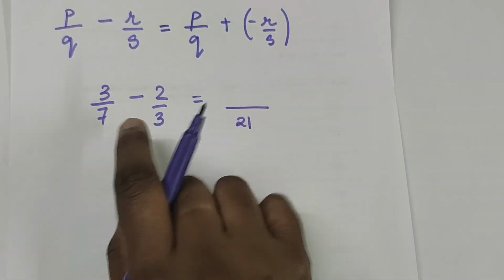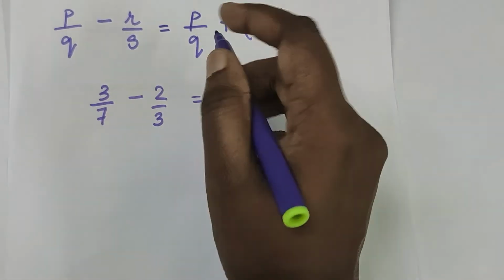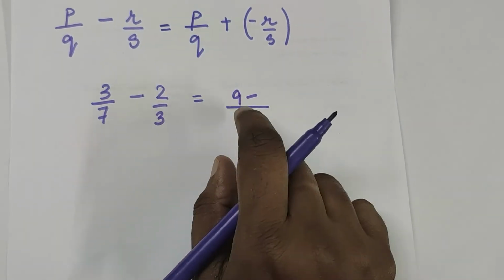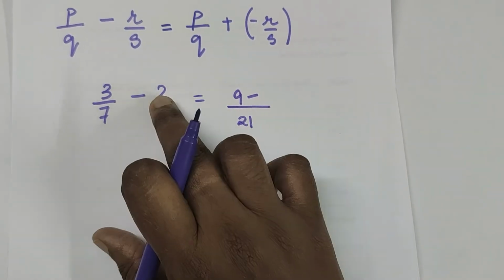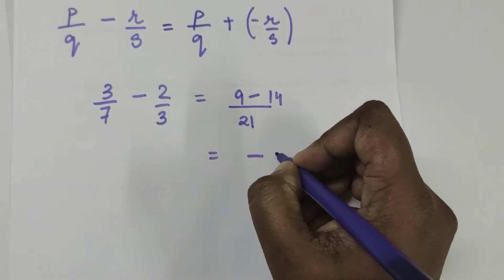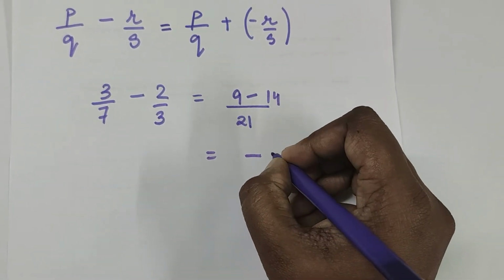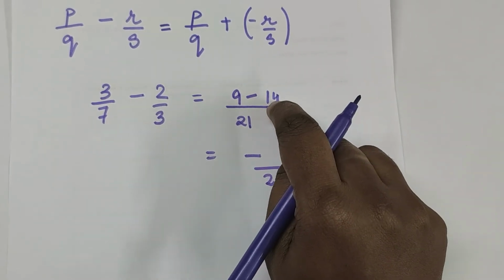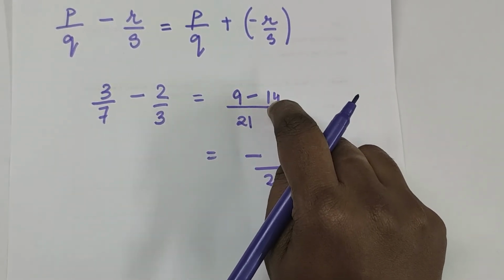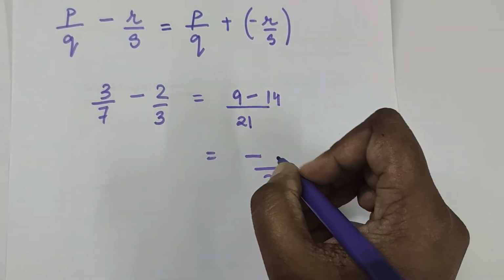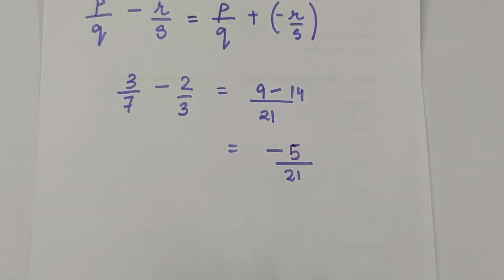When I solve, 7 3s are 21, so 3 into 3 is 9, minus 7 into 2 is 14. So when I subtract, the answer will be negative because the greater number is the negative number here. So 9 minus 14, that is minus 5 by 21.